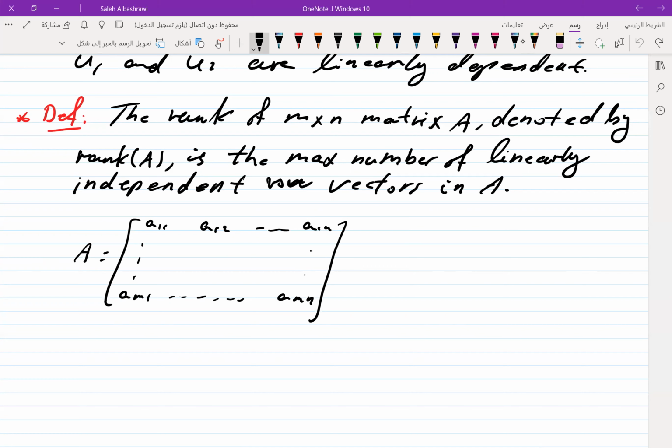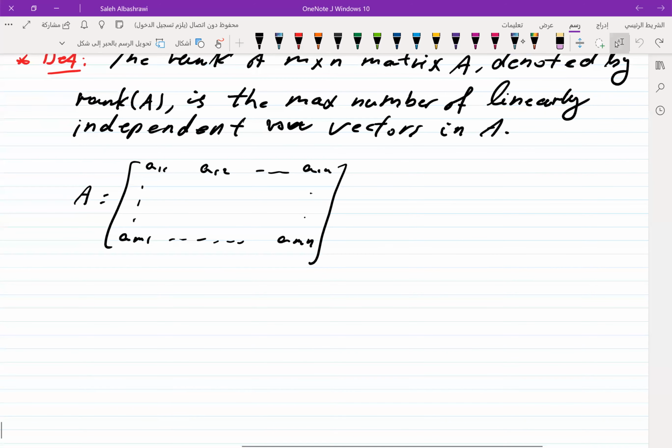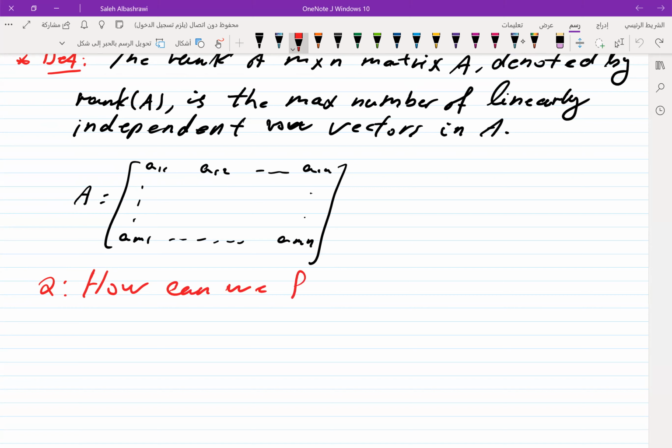So the rank is the maximum number of linearly independent row vectors in A. The question will be how to find this number, the rank of A. This will be the main question for this lecture: how to find the rank for some given matrix.